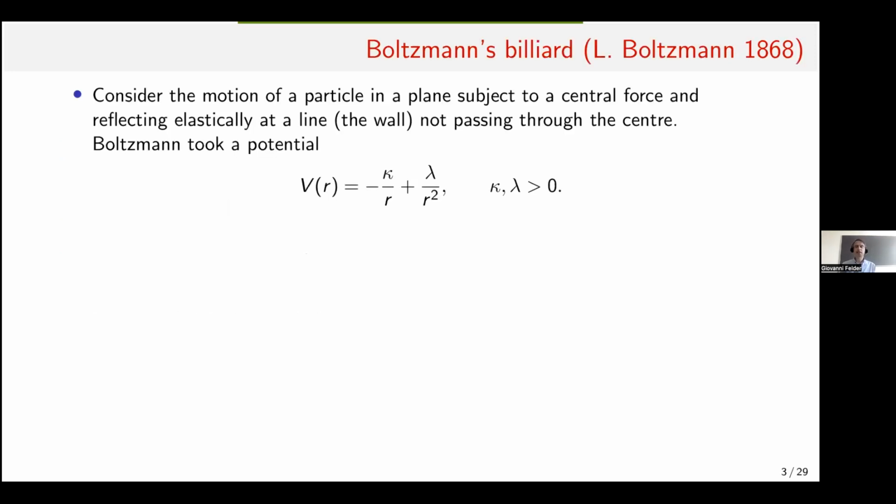Okay, so what is this system? So this system was invented by Ludwig Boltzmann in 1868. And so he considers a billiard, so a motion of a particle in a plane, but with an external force, right? So it is subject to a central force.